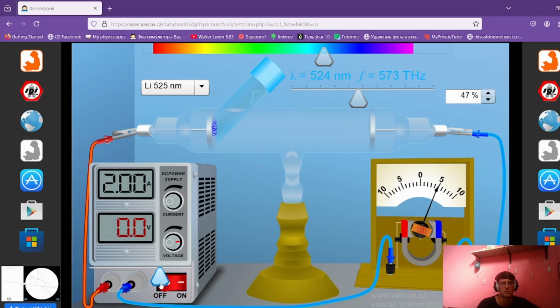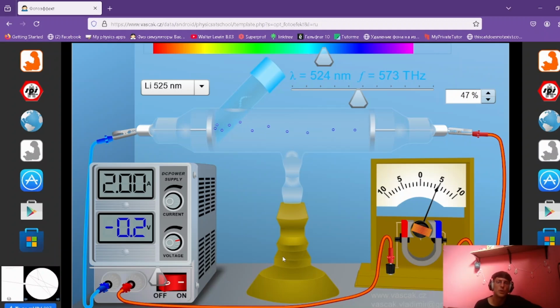Let's do this. For example 0.2 volts. And now we have current in the circuit because we help these electrons to reach another plate. Now the electric field accelerates them because, do you remember, the charge of an electron is negative.